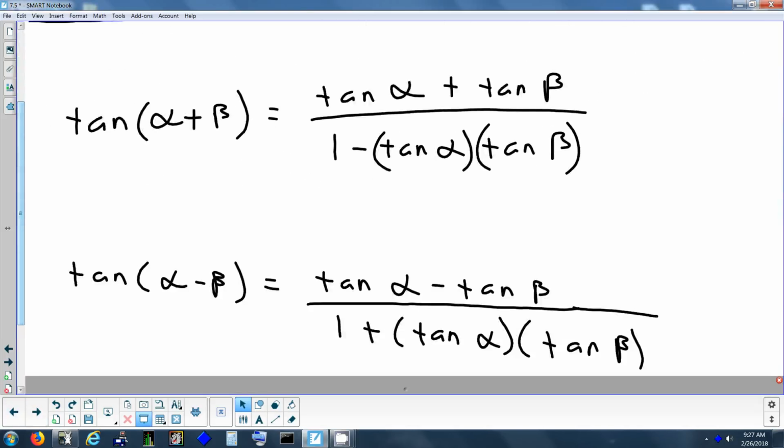And then, following kind of the same pattern, when you change from a sum to a difference, the only thing that changes is the signs.